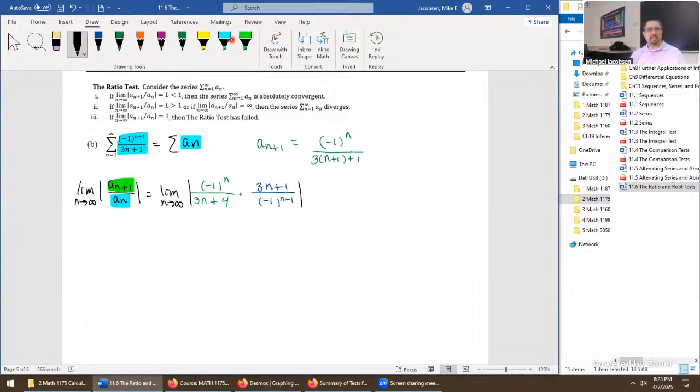At this stage, it might not be super clear what goes wrong, but if we cancel, it becomes obvious. So let's do the absolute value cancellations. What remains is not negative for any value of n as it goes to infinity, so we'll drop absolute value now. We have limit as n goes to infinity, 3n plus 1 over 3n plus 4.